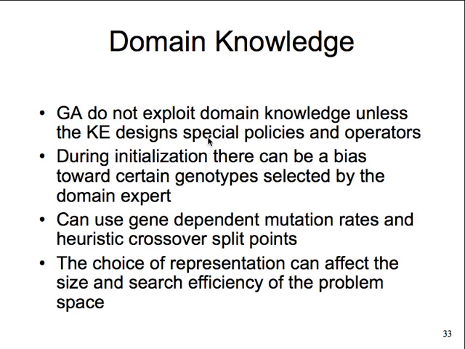So genetic algorithms do not exploit domain knowledge unless the knowledge engineer designs specific policies and operators. So if I were comparing cities, I could exploit domain knowledge by taking San Francisco and putting it in the same category of, let's say, New York, or actually Austin, Texas is pretty good.